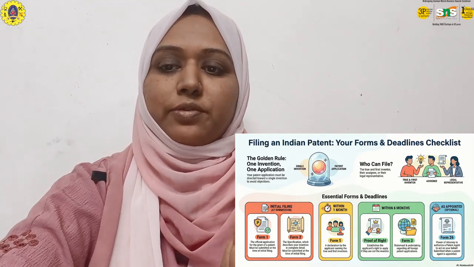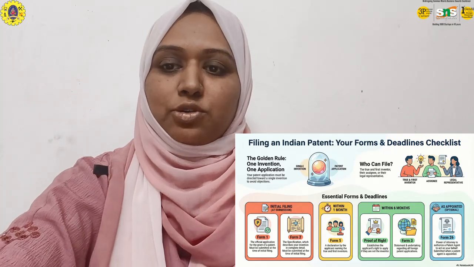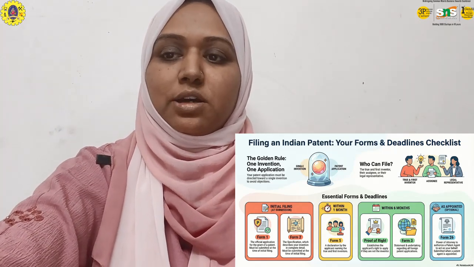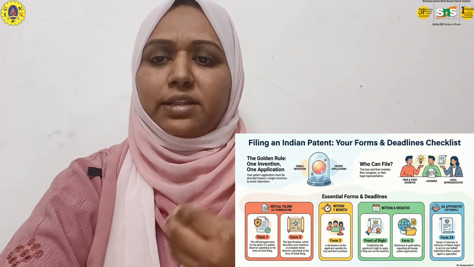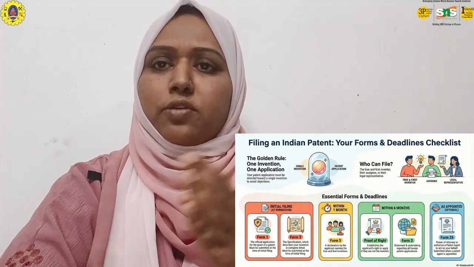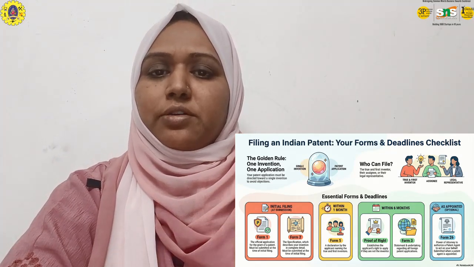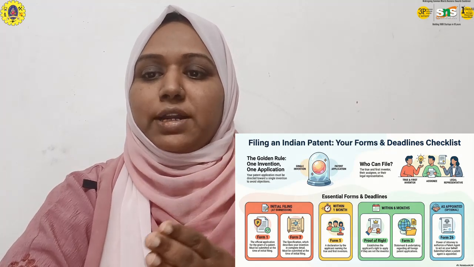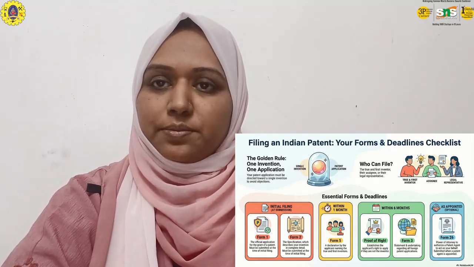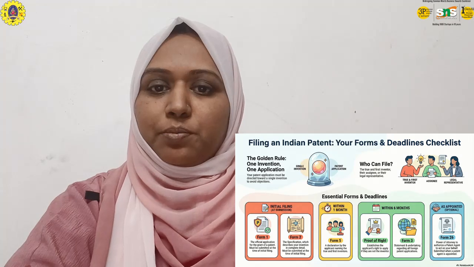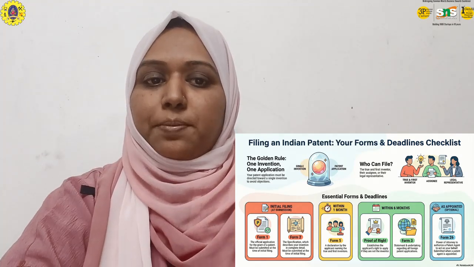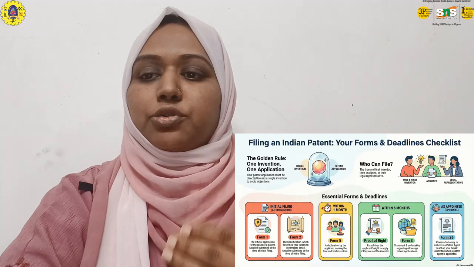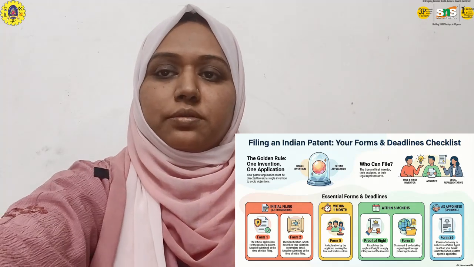That proof of right to apply, whether it is an assignment deed or the signed Form 1, must be filed either at the time of filing or within 6 months from the filing date. Filing this document within the prescribed timeline is extremely important, as it legally establishes the applicant's authority to file the patent application.